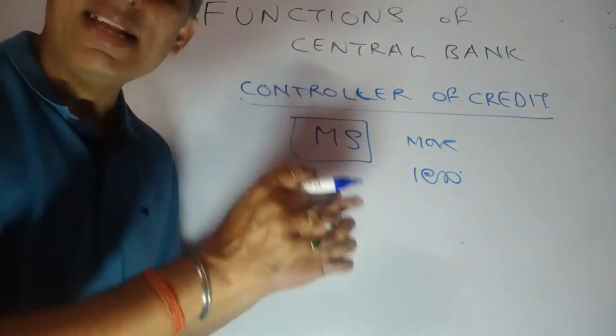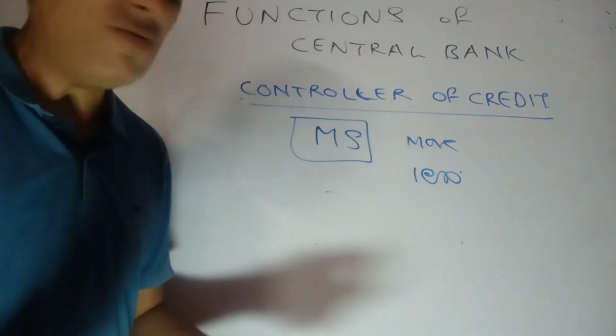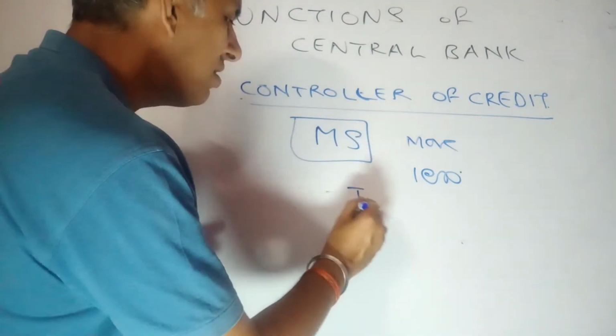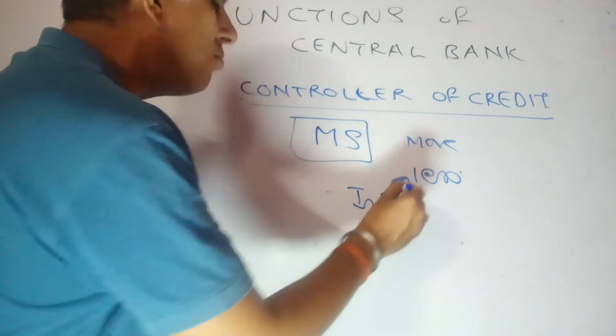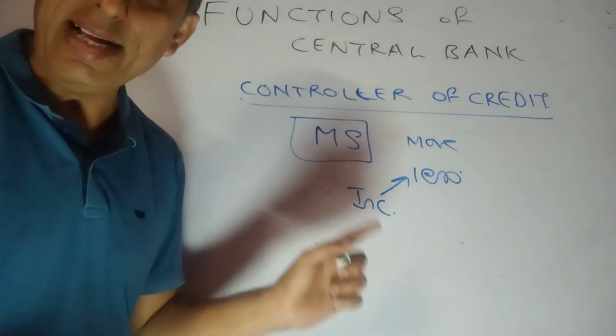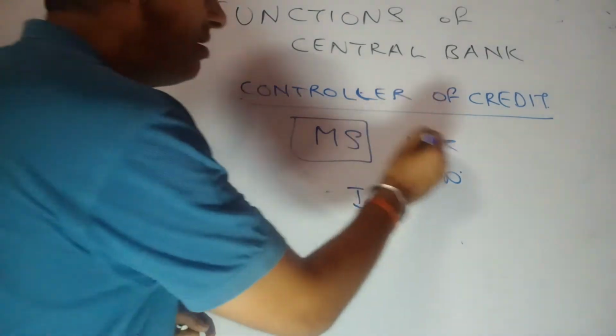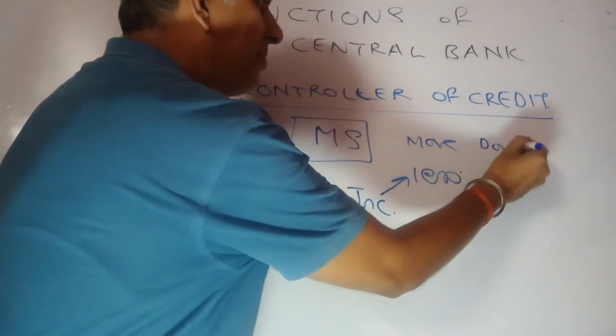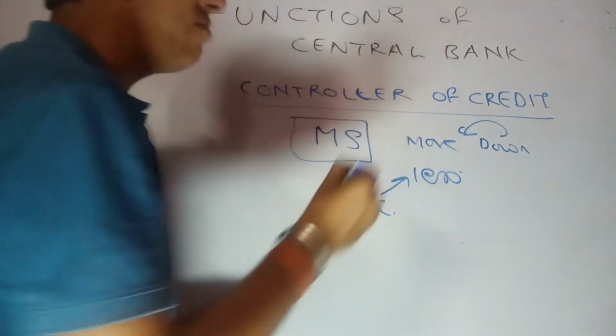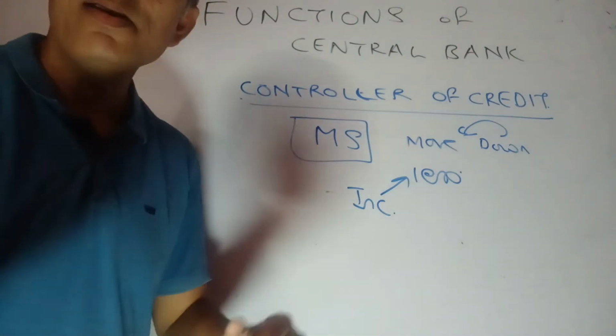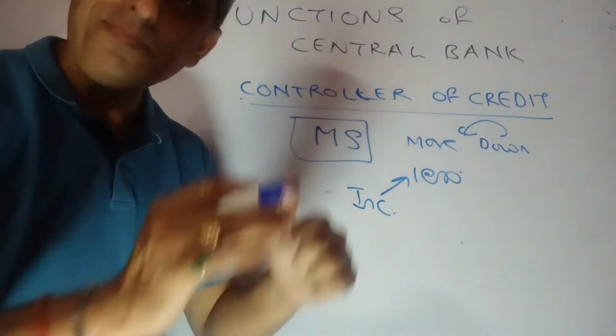So if it is less than the required amount, they will increase the money supply to match the requirement, right? And if it is on the higher side, then it will bring down the money supply to match the requirement of money supply. Am I clear?